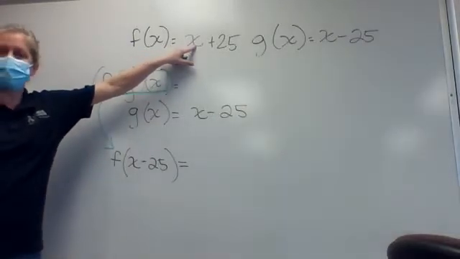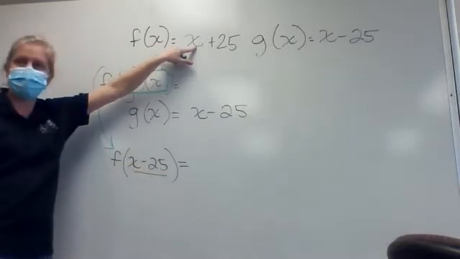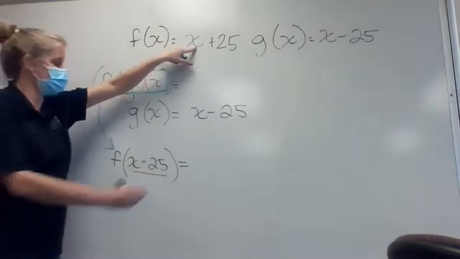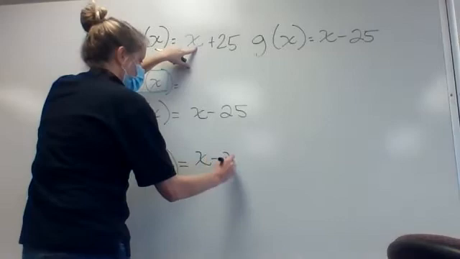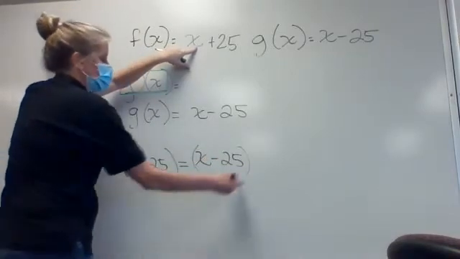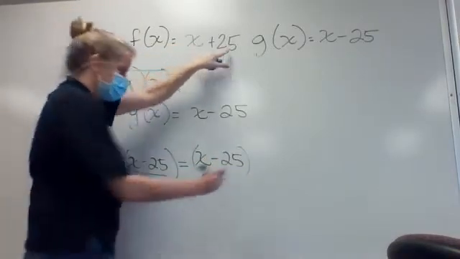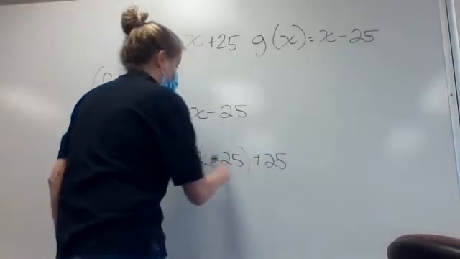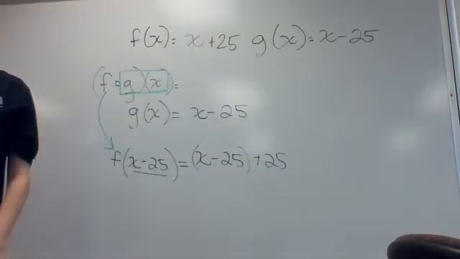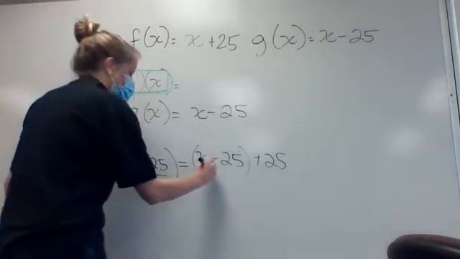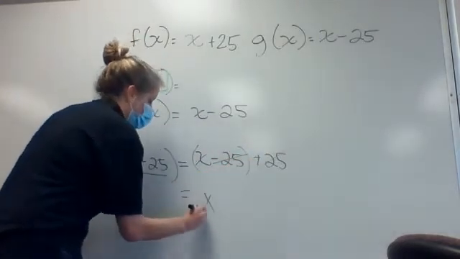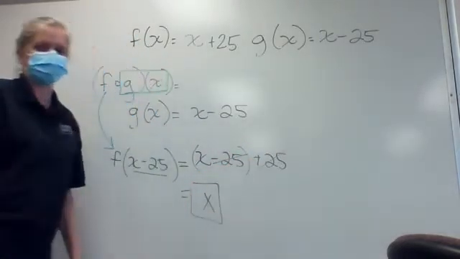In place of x, you write all that. So in place of x, I write x minus 25, and then plus 25. And what happens to the minus 25 plus 25? They cancel. So you are just left with x. That's your final answer.